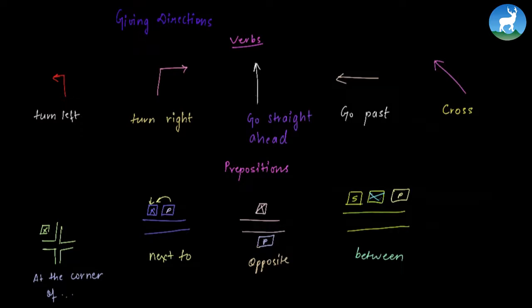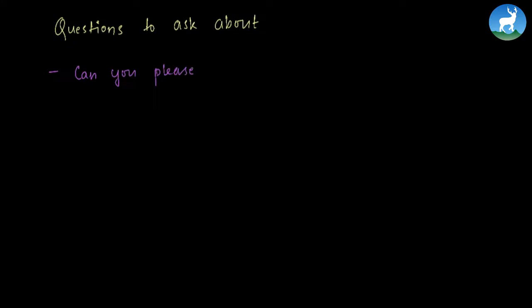So these are some of the prepositions, and we also looked through the verbs. So these are some of the common verbs and prepositions. Now look at some of the questions that we can ask about directions. The first structure could be, can you please tell me how I can get to a place?